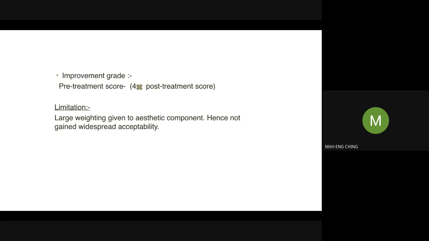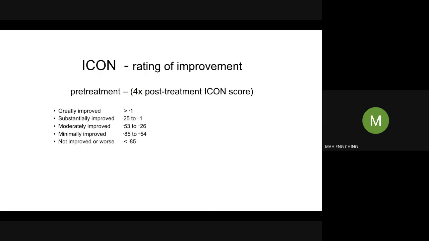Some will give a bit more, some will give a bit less, but if you times 7, it's going to give you a large score difference. Hence, it is not getting widespread acceptability. Not many people use it anymore because I just don't think it is accurate enough if it is based so much on this aesthetic component.